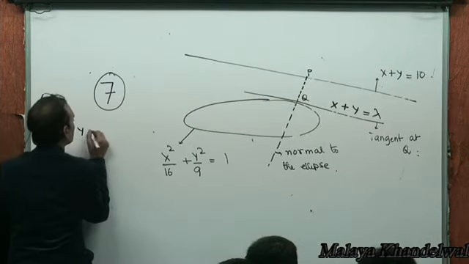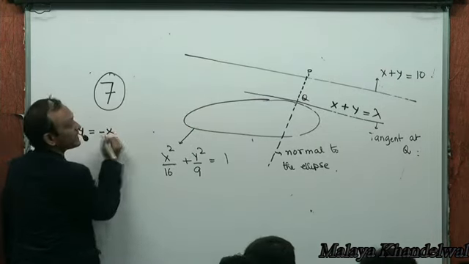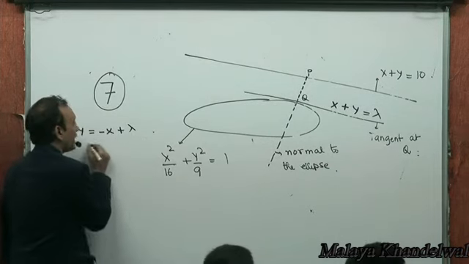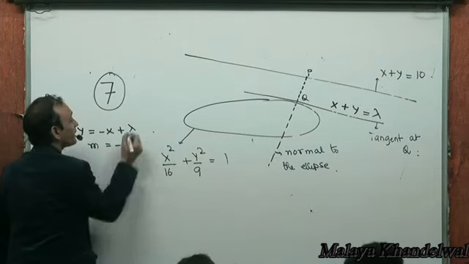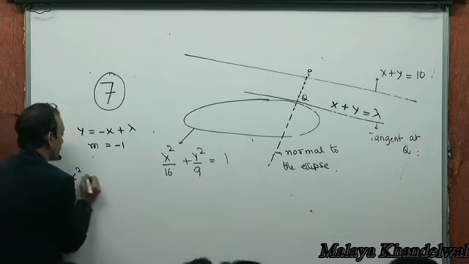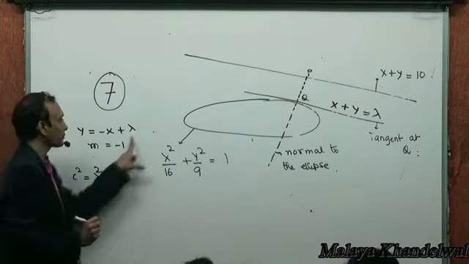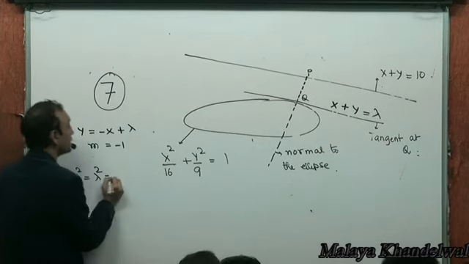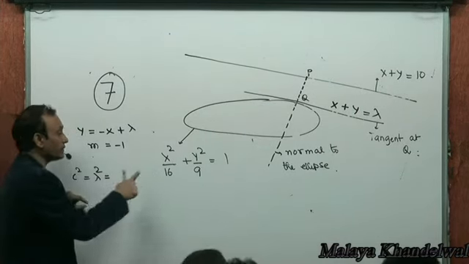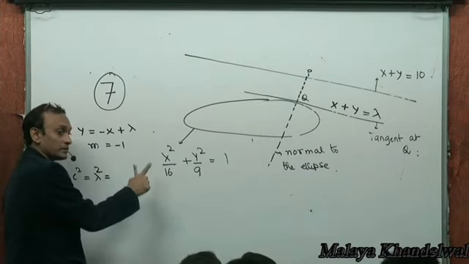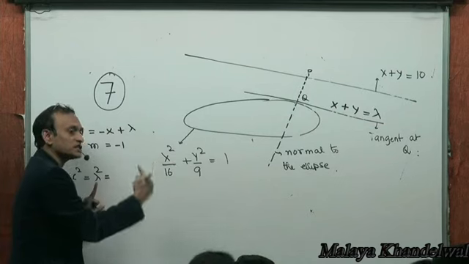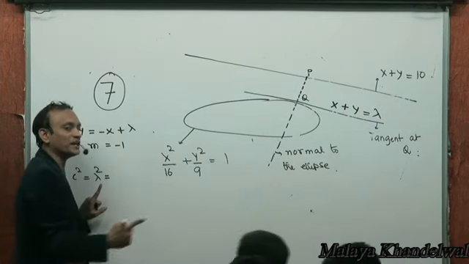So this line can be written as y equal to minus x plus lambda. m is minus 1 and c squared is lambda squared. But for tangency, c squared, that is lambda squared, must be a squared m squared plus b squared, isn't it? That's the condition for a line to be a tangent to a standard ellipse.